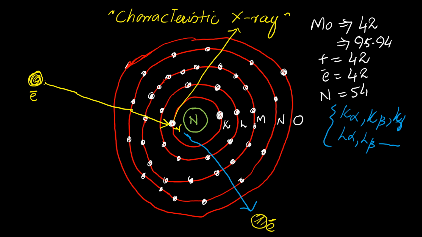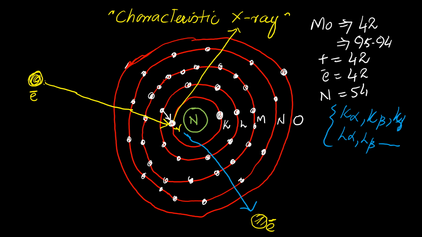Since the energy of an electron at the L shell is higher than the energy required for an electron in the K shell, the L shell electron gives away this extra amount of energy and then jumps into the K shell.